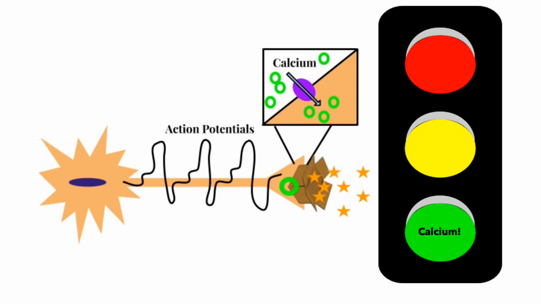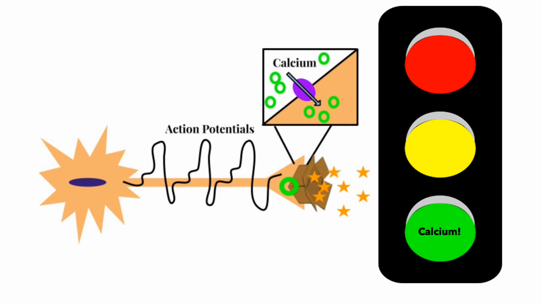The next step in the process of chemical signaling is getting the vesicles to fuse with the neuron's membrane to be released into the synaptic cleft. This is where our friend, the action potential from last week's video, has a large role in transmitting to chemical signaling.